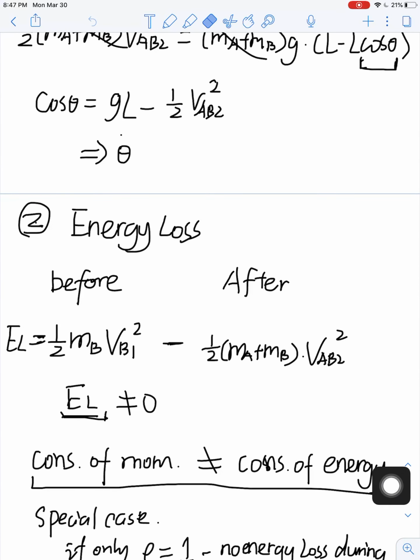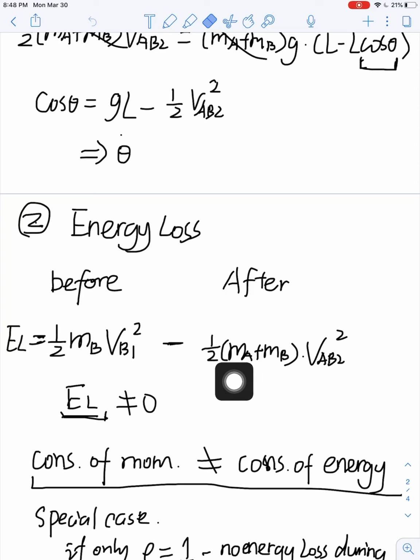And in terms of energy loss, you can calculate the kinetic energy right before impact. That's only the bullet B carrying all the kinetic energy, which is 1 over 2 MB times VB1 squared.